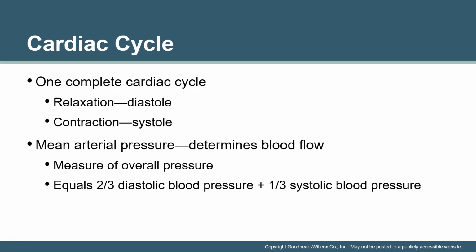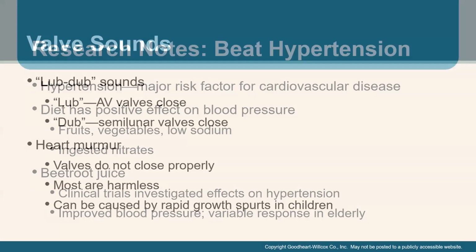If the valves do not close properly, if they're not tightening for whatever reason, there may be a different sound made, and that's what we call a murmur. Most murmurs are harmless and can be caused by rapid growth spurts, particularly in children. Now, that can become different in an adult a little bit, okay?